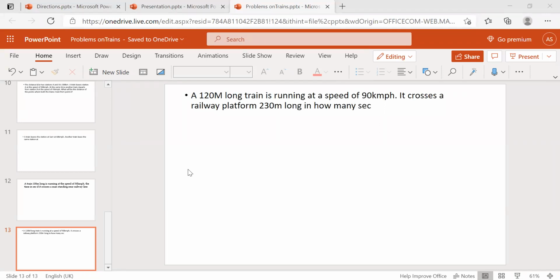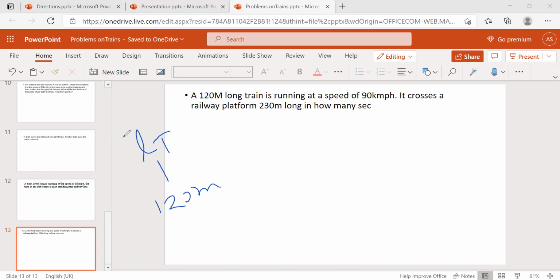Now, see this question. A 120-meter long train is running at a speed of 90 km per hour. It crosses a railway platform 230 meters long in how many seconds? See here what they're asking. It crosses a platform. Now, see, what's the train length? It's nothing but 120 meters.